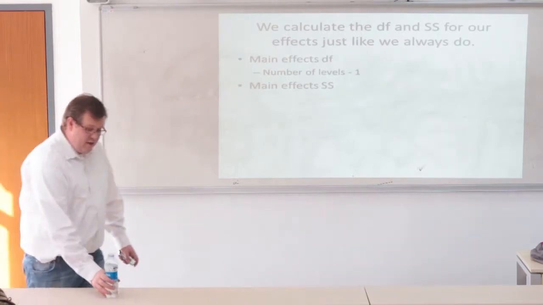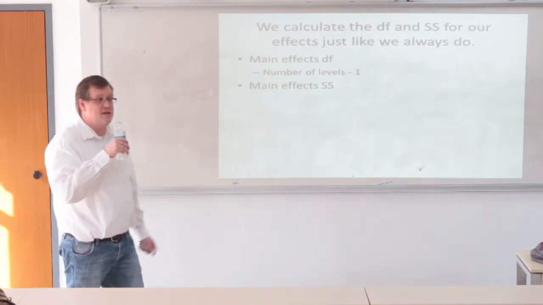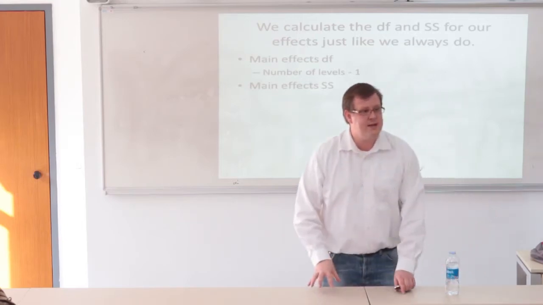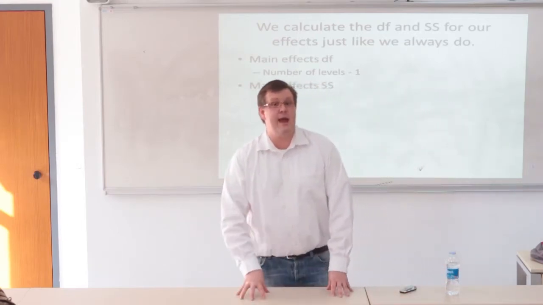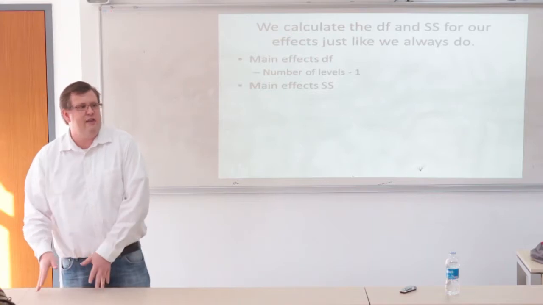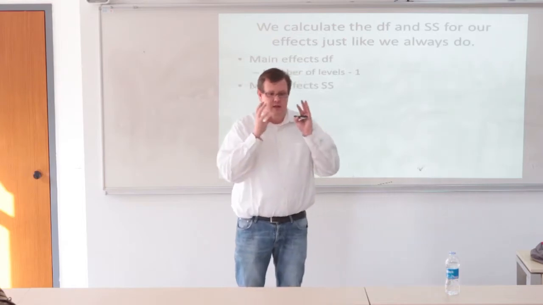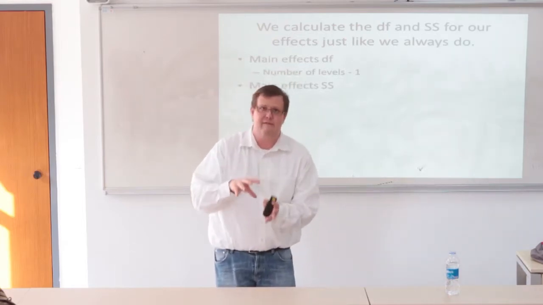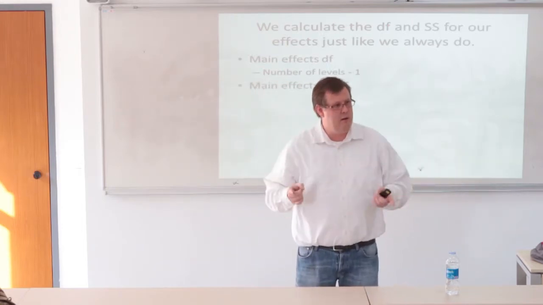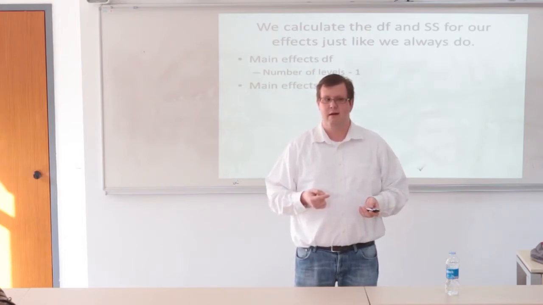The main effect sum of squares. How do you get this? We already know how to do this too. We subtract the grand mean from the mean for each level of that factor, right? So we've got a difference between the mean of the level of the factor and the grand mean. Then what do we do with those differences? Square them. Add them up.